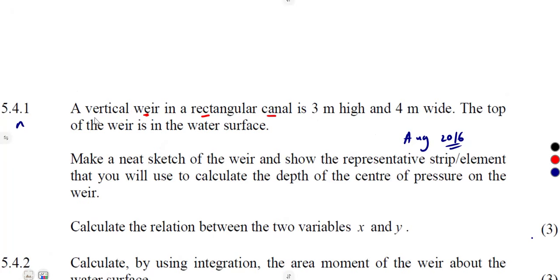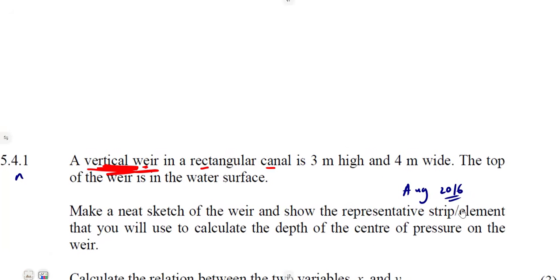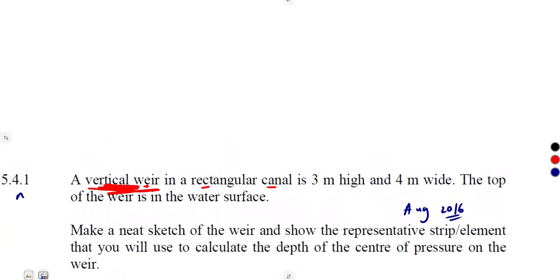The information is about the vertical weir, not about the canal. Yes, the canal is giving us the shape because it is placed in a canal. So it's a good question. It's a direct question. There is no adjustment when it is like that. There's another one which is an adjustment. I'm going to look for those ones. You'll see. So not a problem. We're going to have time for that one.